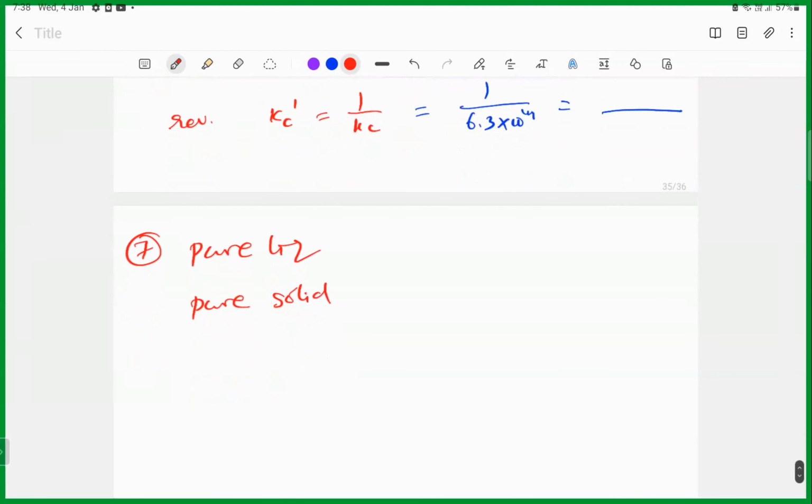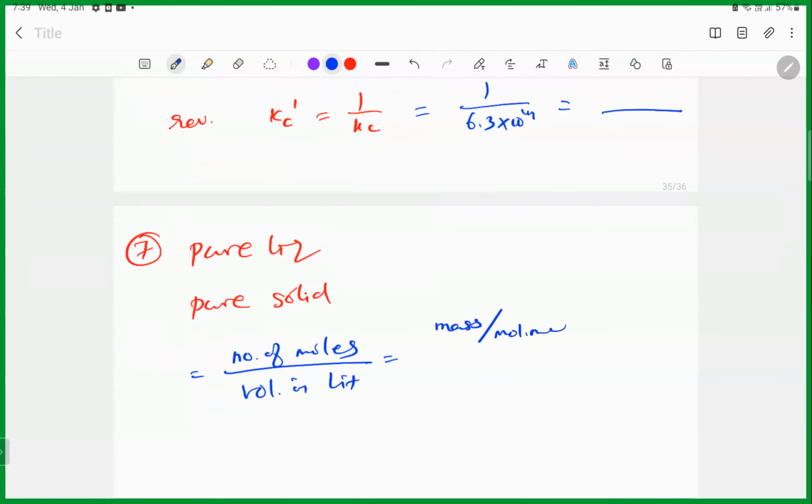So that means for a pure liquid or pure solid, the concentration is equal to the number of moles divided by the volume in liters. The number of moles is the mass, how much weight you have taken, divided by the molecular mass, divided by the volume.